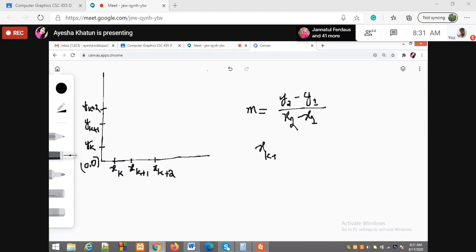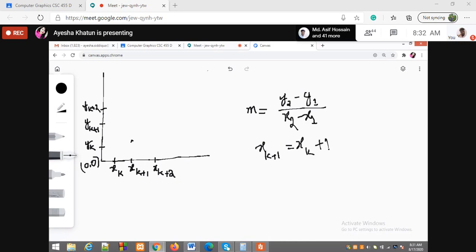That means if I want to find the pixel position at this position, let's say I have 1 pixel at this position, and I want to find its value. The value at position xk plus 1 is equal to, if I know the initial or previous value for this pixel, that is xk, so just take xk plus 1.